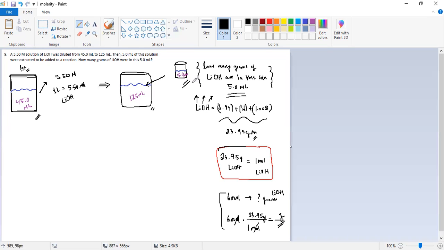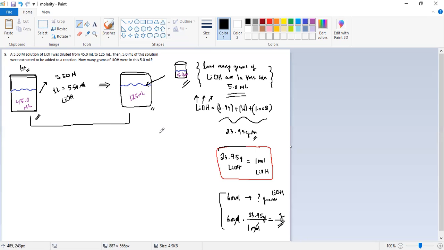So that's your ultimate goal. But recognize that if you find out how many moles, the moles will essentially be the same in both cases.